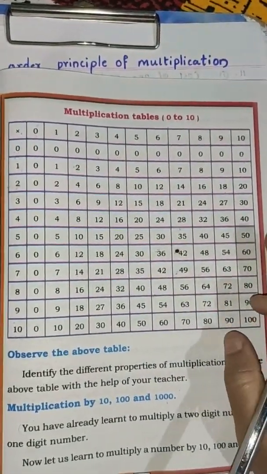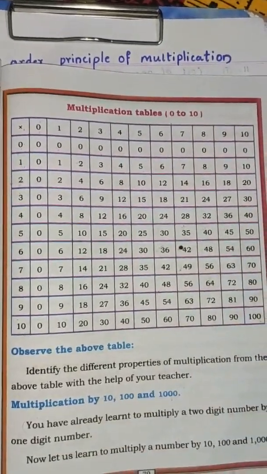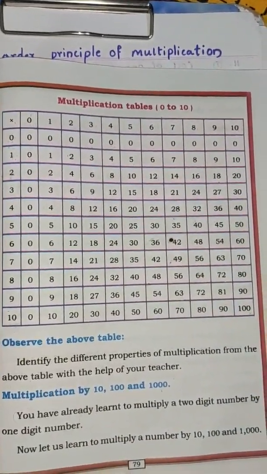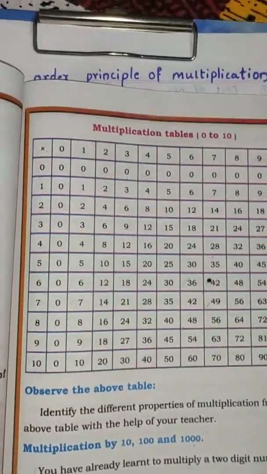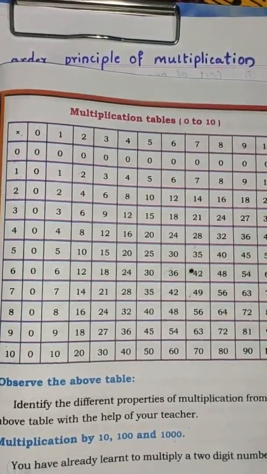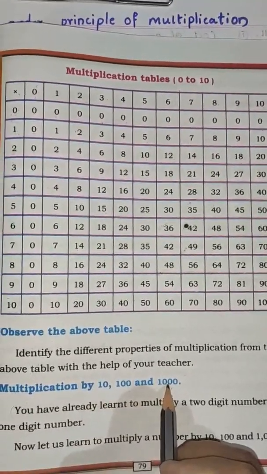So this is called the multiplication table. Now, you have already learned to multiply a 2-digit number by a 1-digit number, right? So now let us learn to multiply a number by 10, 100 and 1000.